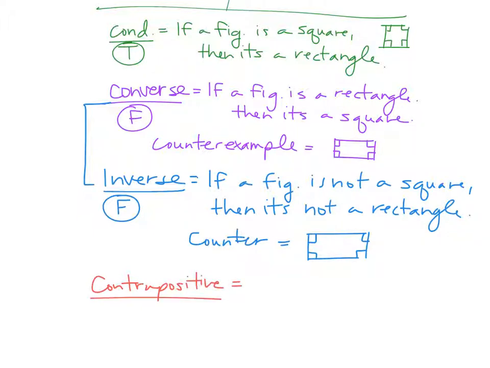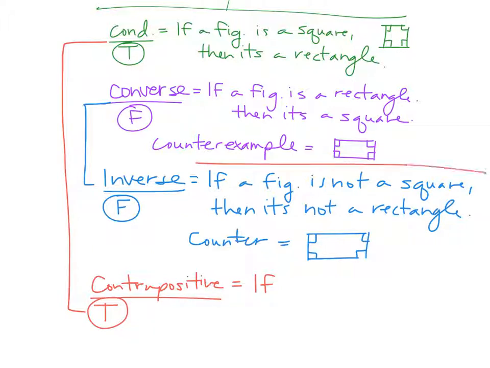All right, contrapositive, true or false? Contrapositive is true because the conditional was true. So conditional and contrapositive will always be the same. What's the statement? It's the converse of the inverse, so you take the one right before it and you flip them.